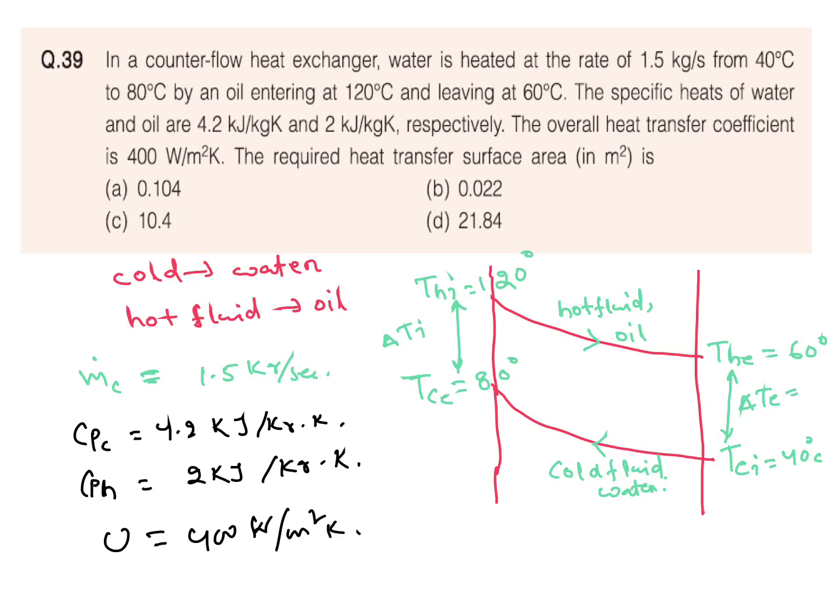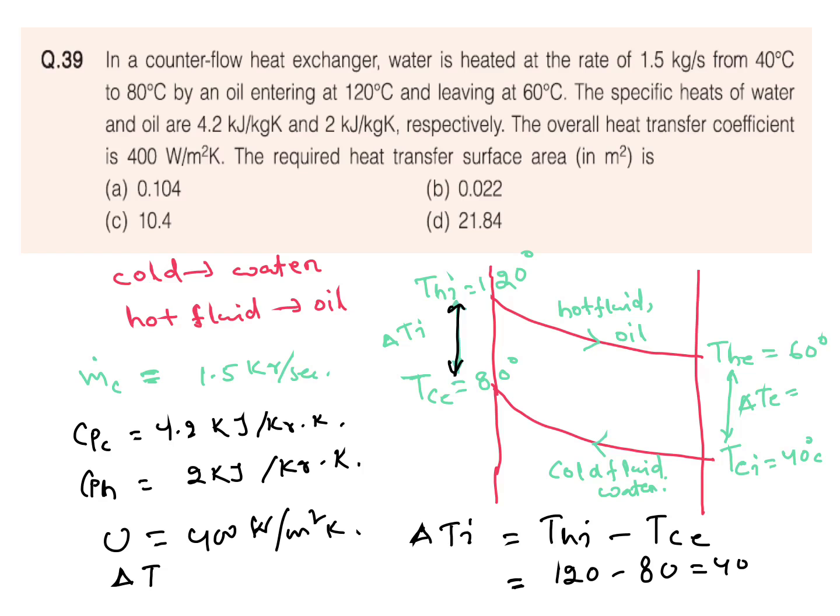So calculate delta Ti. Delta Ti is THI minus TCE, hot fluid inlet temperature minus cold fluid exit temperature. So 120 minus 80, it's 40. Like this, delta T at exit is THE minus TCI, hot fluid exit temperature 60 minus cold fluid inlet temperature 40, its value is 20.